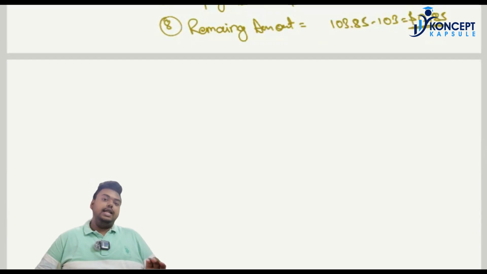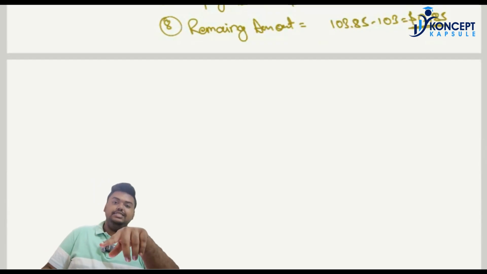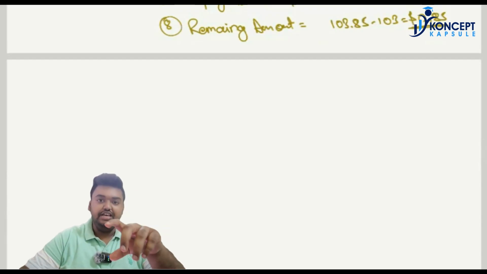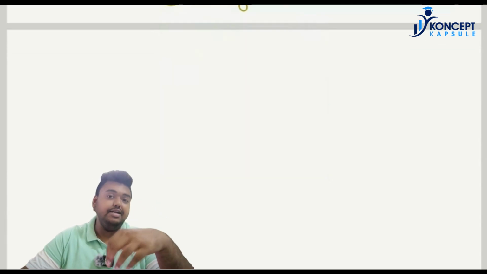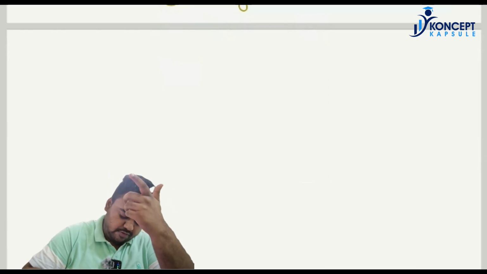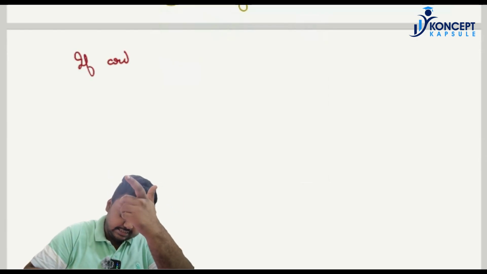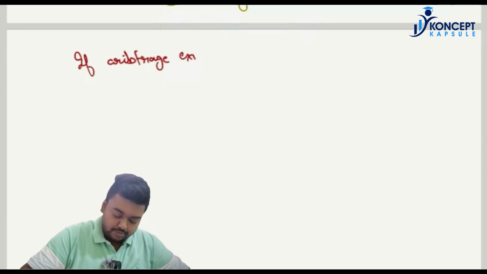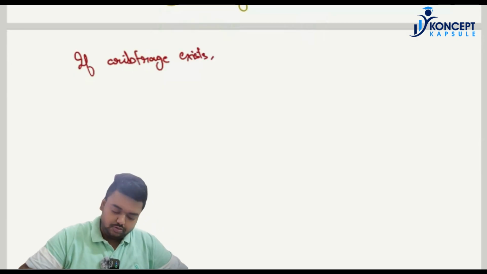Okay. Now, this theory is saying that this situation will never happen. Why will it never happen? See, the important part you need to understand is why arbitrage will not exist. If arbitrage exists, what will people do?